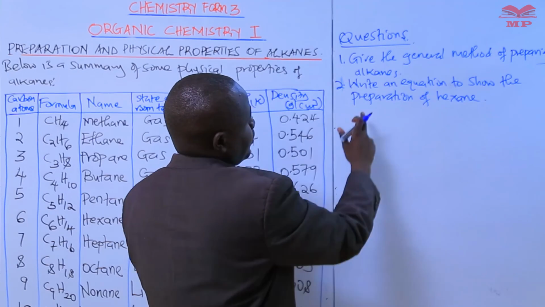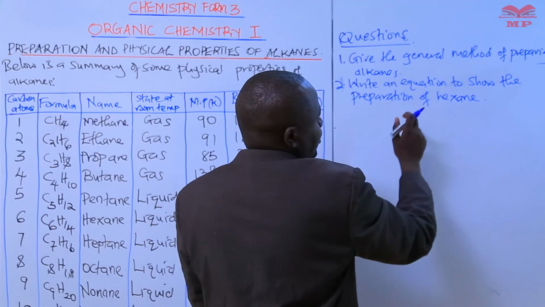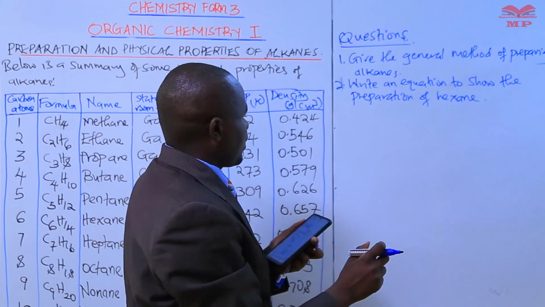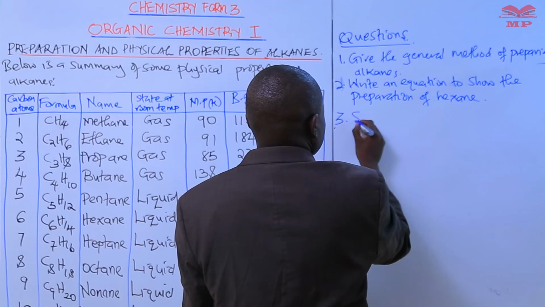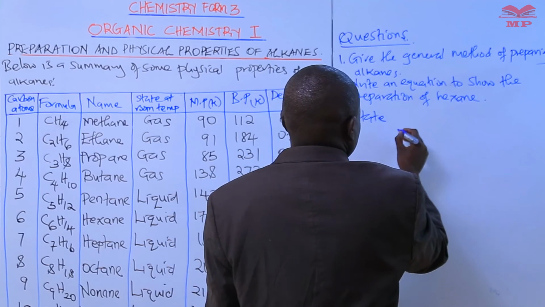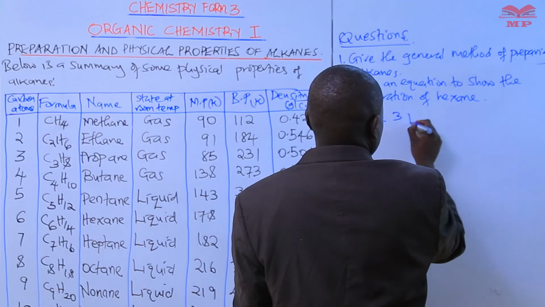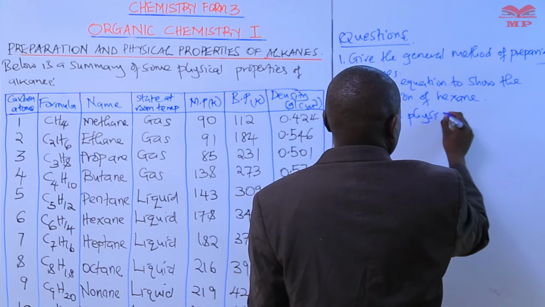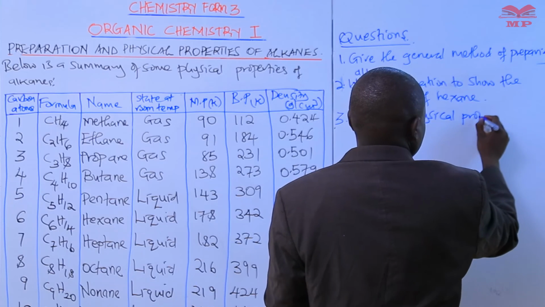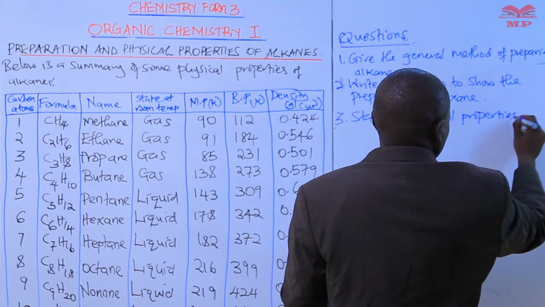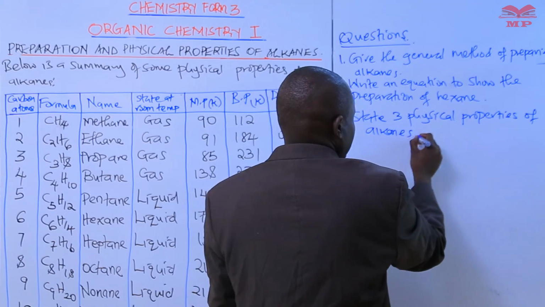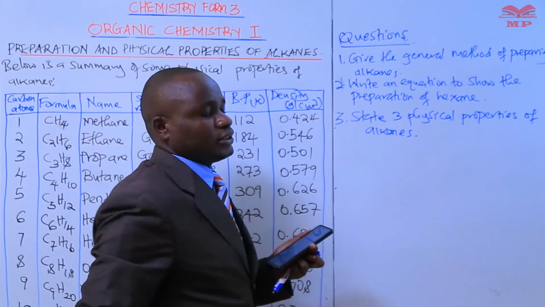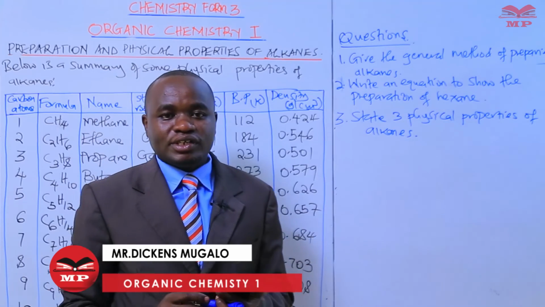Third and final question is: state 3 physical properties of alkanes.